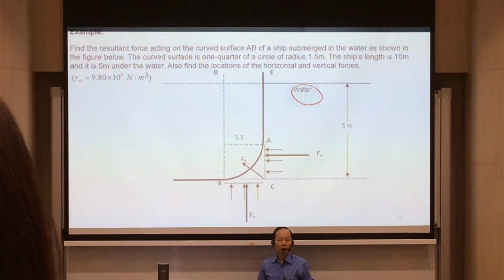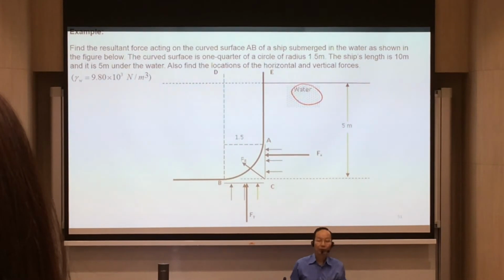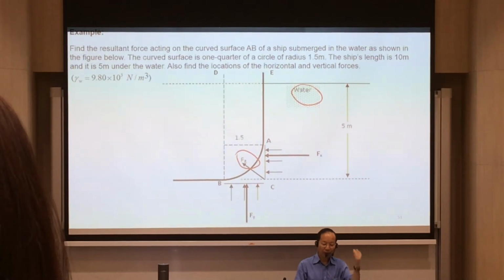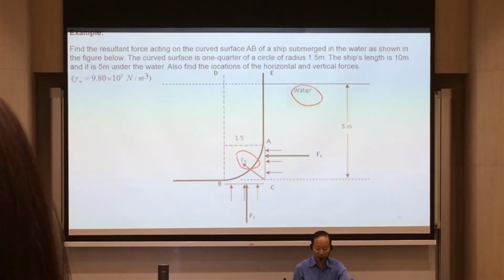So there are 3 things here as you analyze the question. First, you must find the resultant force. So where is the resultant force? This is the resultant force here, FR, F resultant. And then you also need to find the location of the horizontal force and also the vertical force.